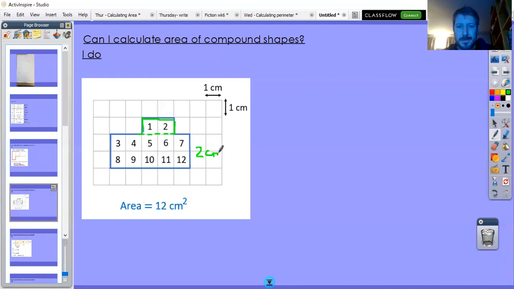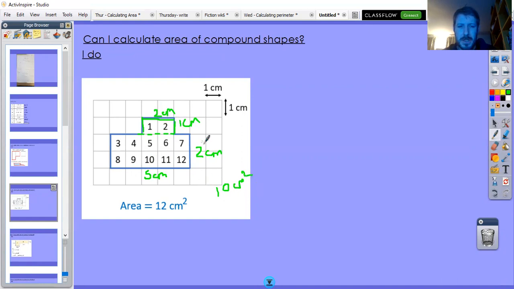So if we just imagine this was a shape here, it would be 2 centimeters in the width and 1, 2, 3, 4, 5 centimeters in the length. And this shape would be 2 centimeters and 1 centimeter. So 5 times 2 is 10. So this area here is 10 centimeters squared.